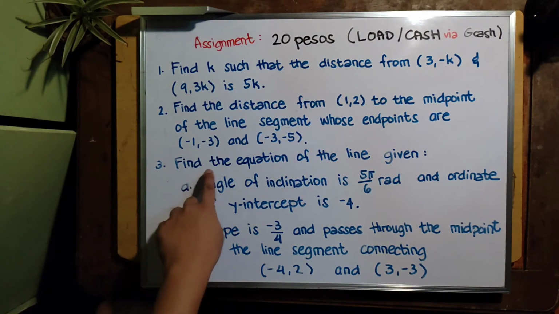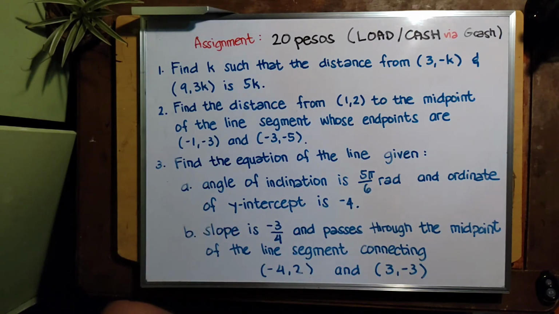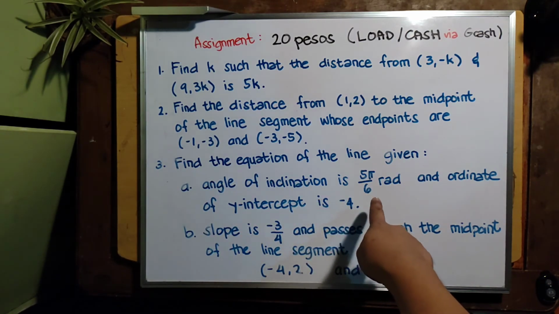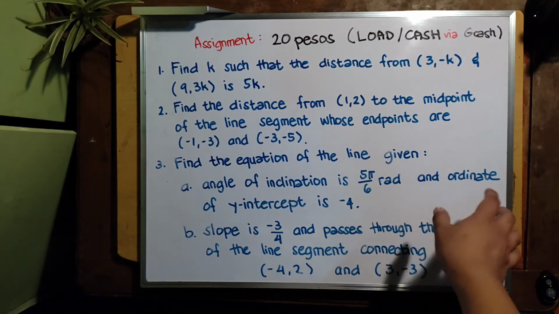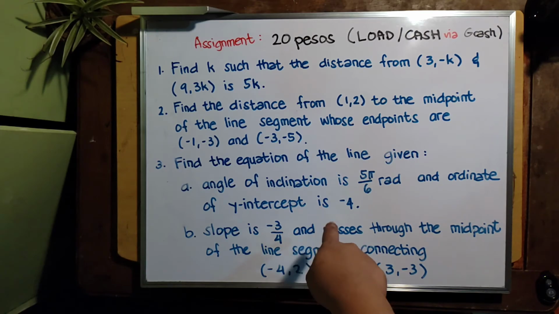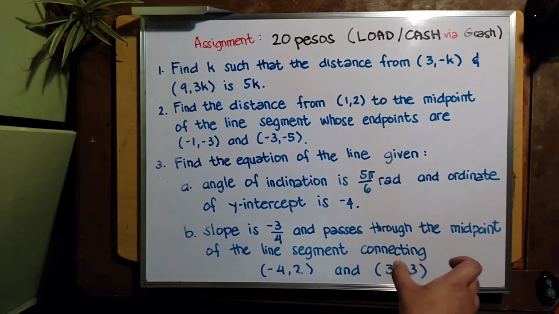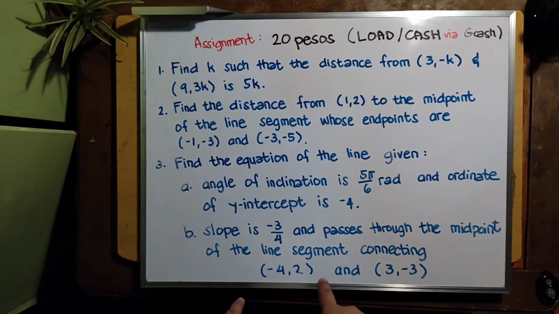Number 3, find the equation of the line given an angle of inclination of 5 pi over 6 rad and the ordinate of the y-intercept is -4. And what if the slope is -3/4 and passes through the midpoint of the line segment connecting (-4, 2) and (3, -3)?